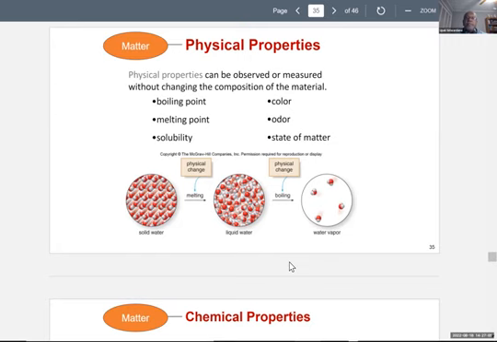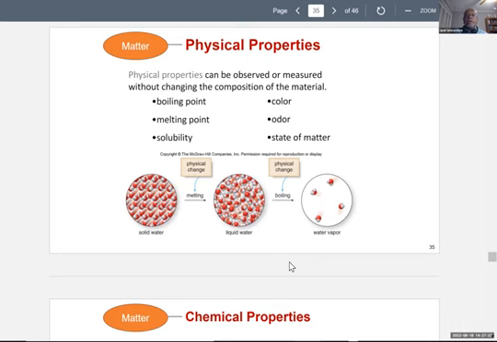If something has a higher boiling point, that's normally present in liquid and as solids. Low boiling point also present in gases.